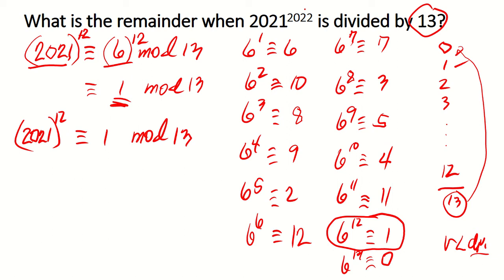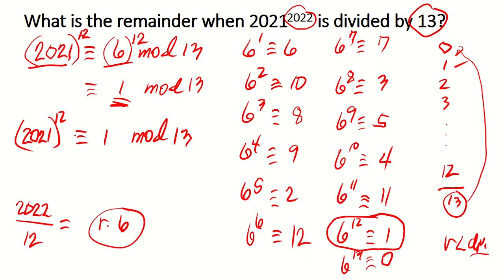Now, to reach 2022, we divide 2022 by 12, and the remainder is 6. So we have 6 left over.